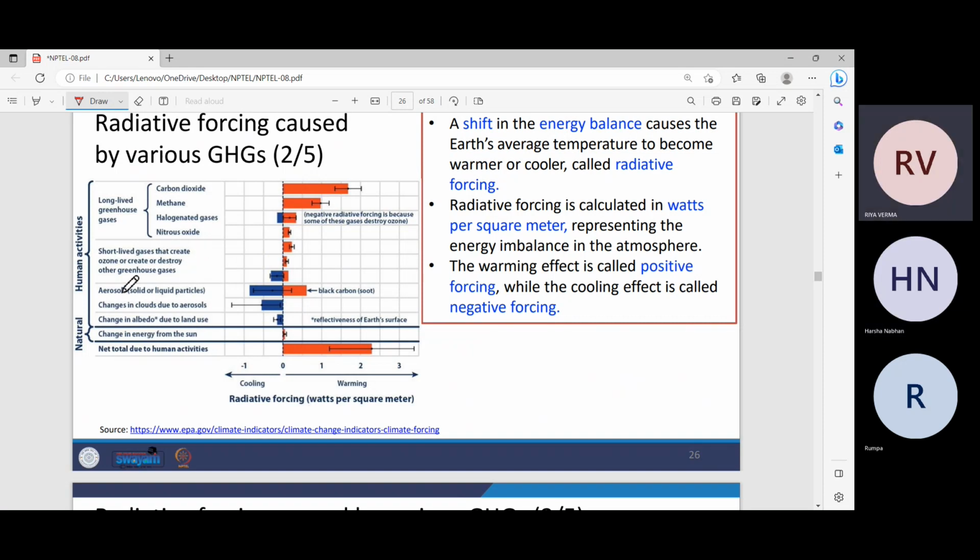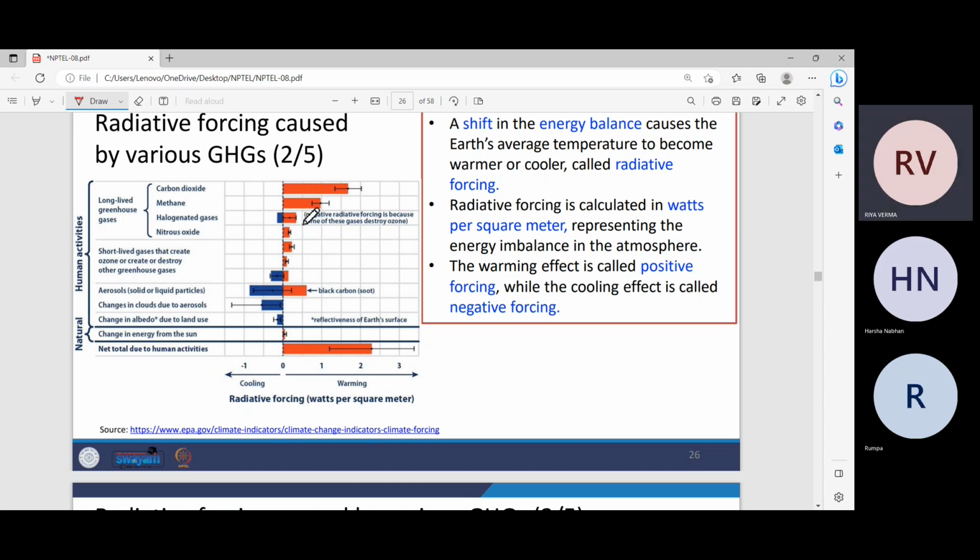So, let's see the radiative forcing caused by the various greenhouse gases. We have some natural and some human activities. Due to these human activities, some of the gases that are released are, for example, carbon dioxide, then methane, then halogenated gases, for example, chlorine oxides or bromine oxides, and nitrous oxide.